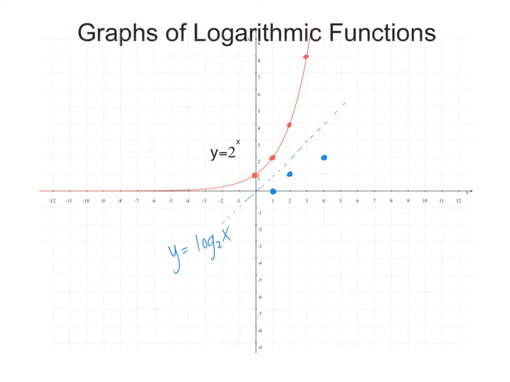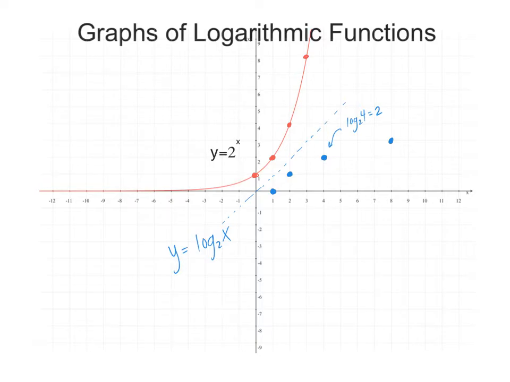This little point right here is there because log base 2 of 4 equals 2. Log base 2 of 4 means, what power do I need to raise 2 to get an answer of 4? And then log base 2 of 8 is 3 because 2 to the third equals 8. So we're just inversing the process. We're doing the other order. Instead of me saying, what is 2 to the third, and you saying it's 8, I'm saying, what do I need to raise 2 to get 8, and you're giving me the 3.